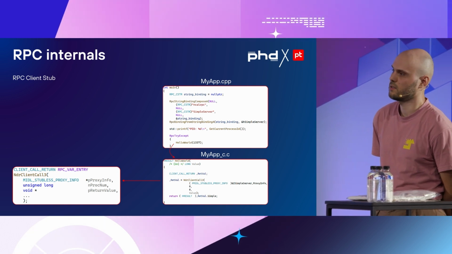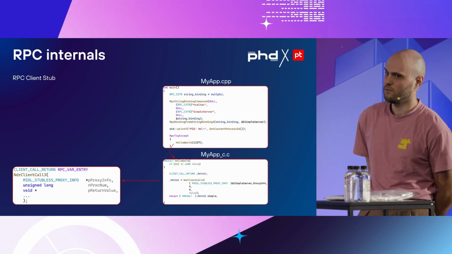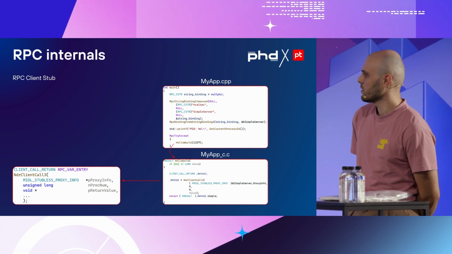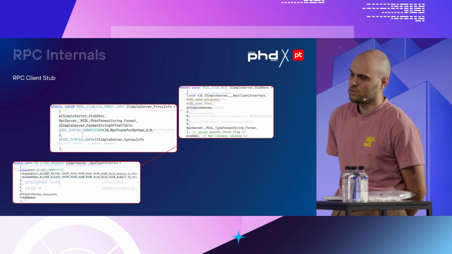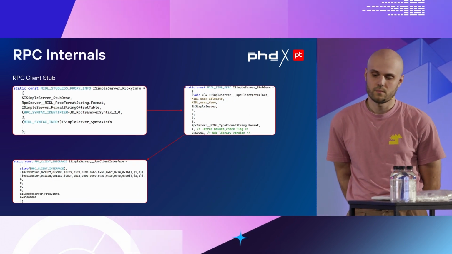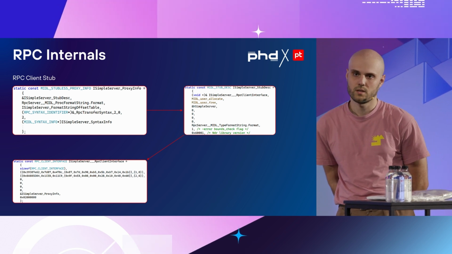The second argument is the procedure number, meaning it's an index of the function array in the interface, and the first argument is the information about the interface.